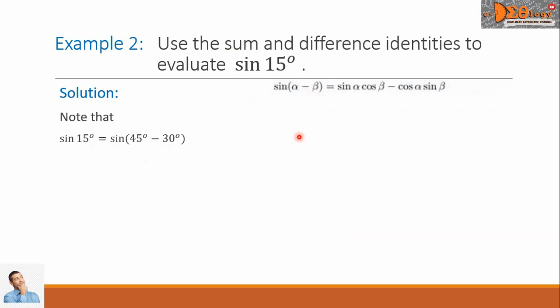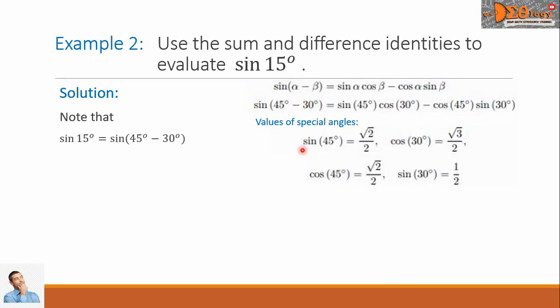Substituting the corresponding values, we have sine 45 degrees minus 30 degrees equals sine 45 degrees times cosine 30 degrees minus cosine 45 degrees times sine 30 degrees. Here are the values of the special angles that we need.